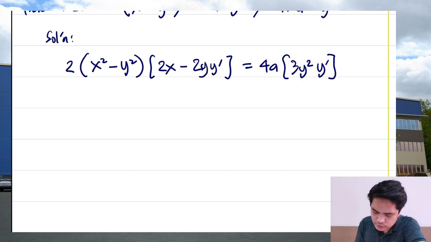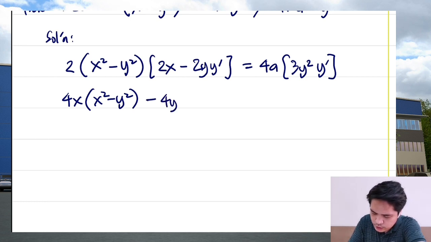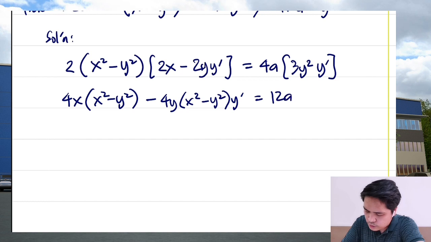So let's do just that. So we'll have, multiply this first. So we'll have 4x, x squared minus y squared, minus 4y, x squared minus y squared, y prime. And that is equal to 12ay squared y prime.